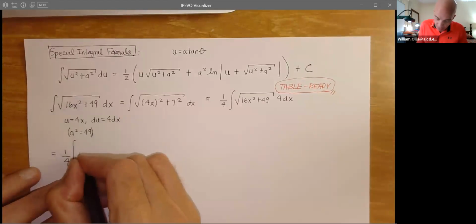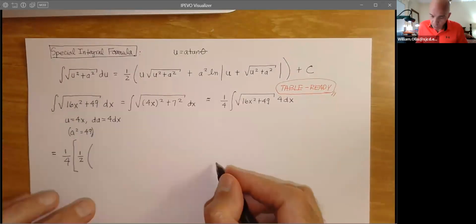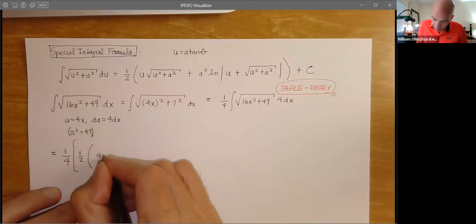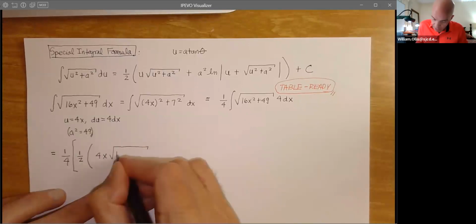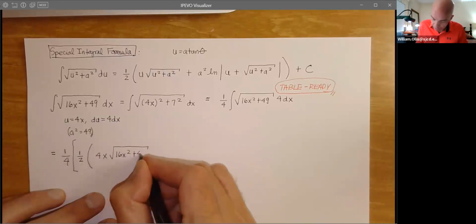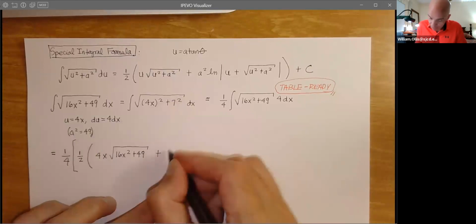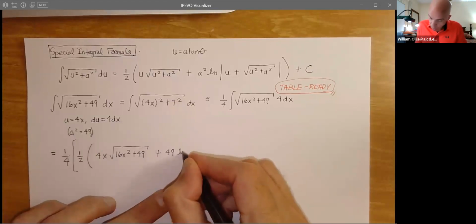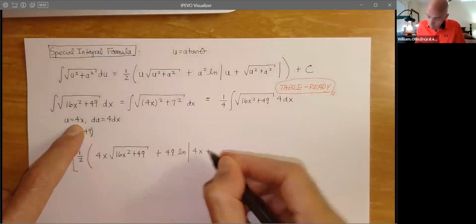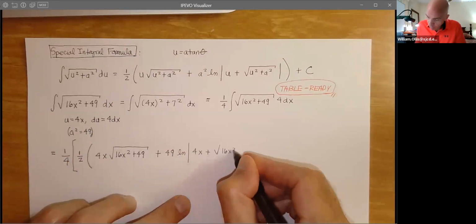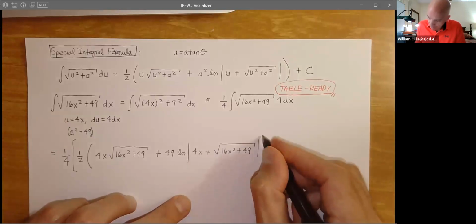So we got the 1/2, and we have our u, which is 4x, times the square root of u squared plus a squared, 16x squared plus 49, plus a squared, which is 49, times the natural log of u, 4x, plus the radical 16x squared plus 49, close, plus a constant.